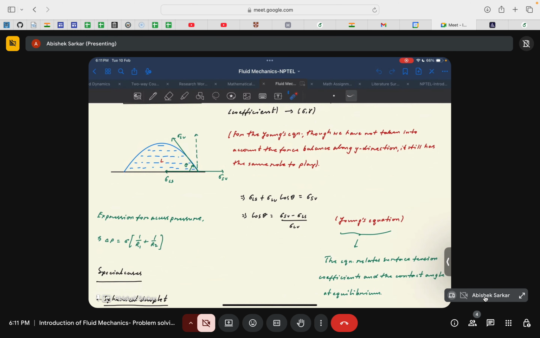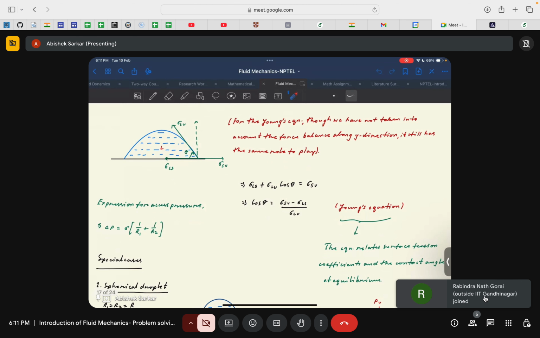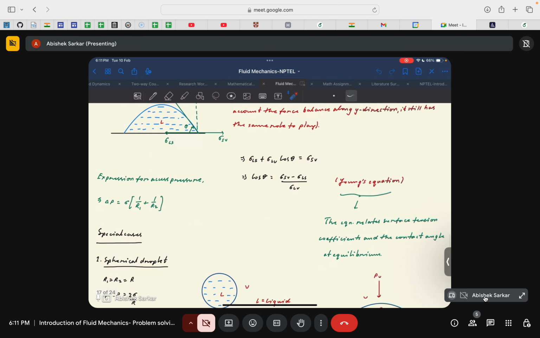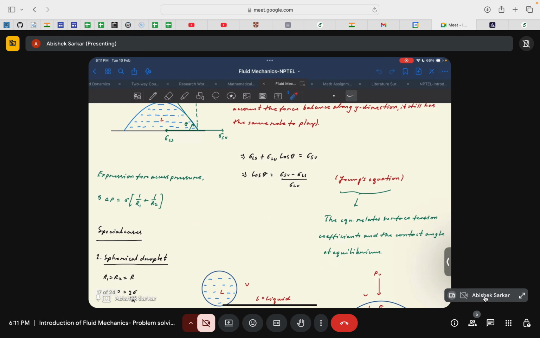If you decompose these forces along the x and y components, the force balance along the x direction gives sigma ls plus sigma lv cos theta equals sigma sv, or cos theta is sigma sv minus sigma ls by sigma lv. You can do a similar thing in the y direction as well.